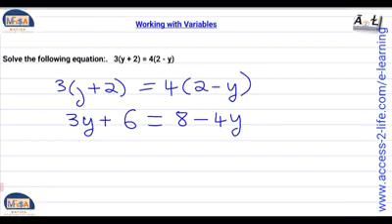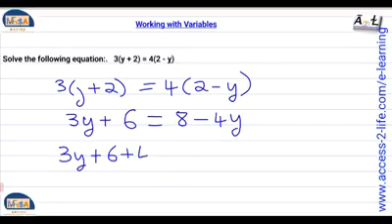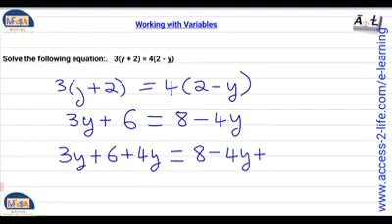So what we can do is add 4y to both sides, such that we end up with the minus 4y on the right side being cancelled out by the 4y, because minus 4y plus 4y gives us 0.